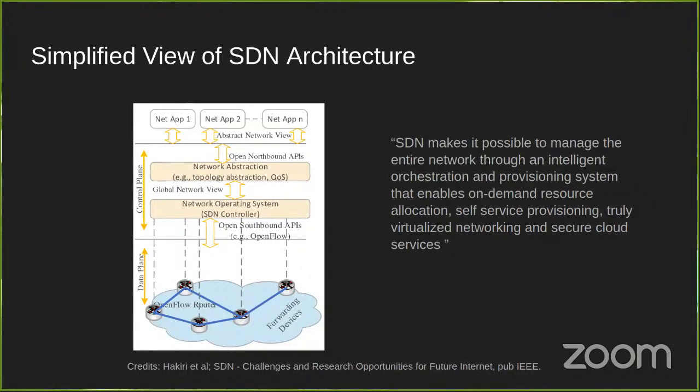From the image, you can see the data plane, which consists of the forwarding devices. The forwarding devices are the switches and the routers. And then we have the control plane, which is mainly used to push commands to the forwarding devices, that is, the data plane. You can also have a concrete definition of what SDN is, which I borrowed from research work by Hakiri and others, which was published on IEEE.